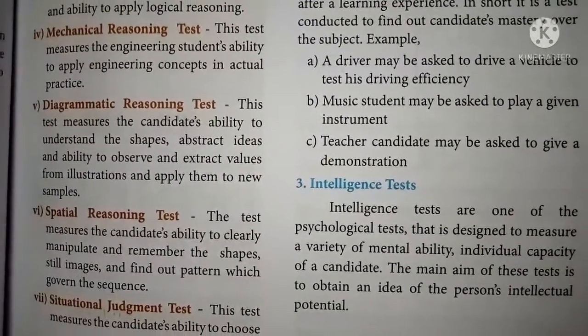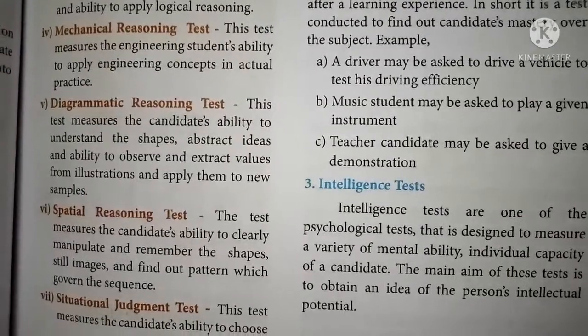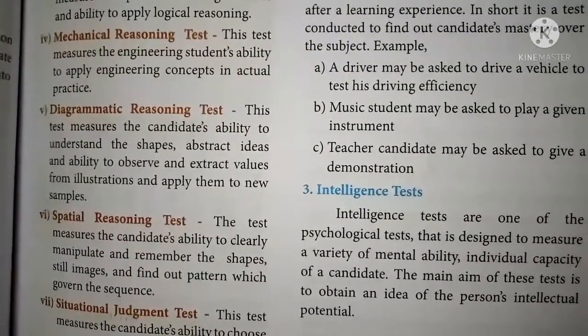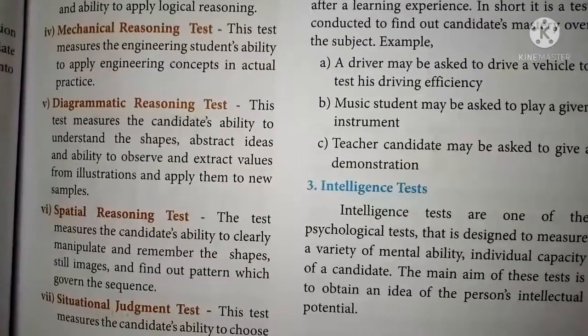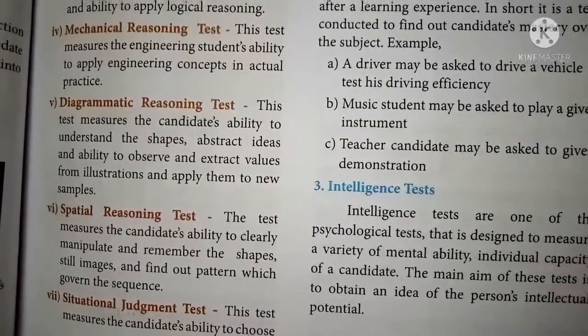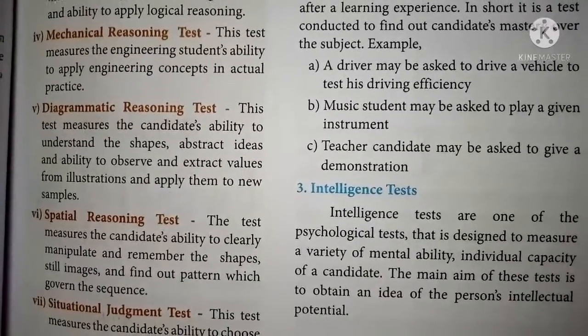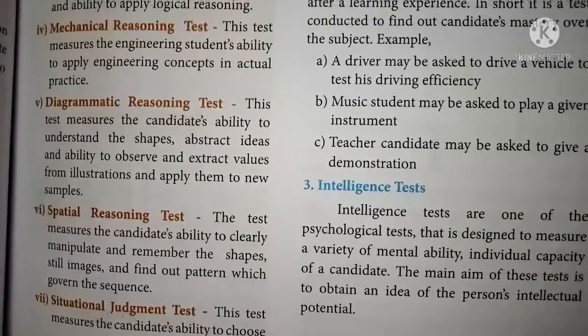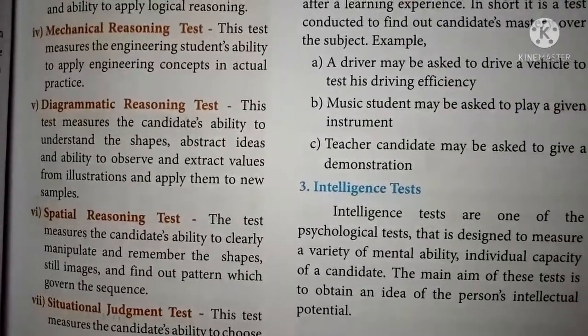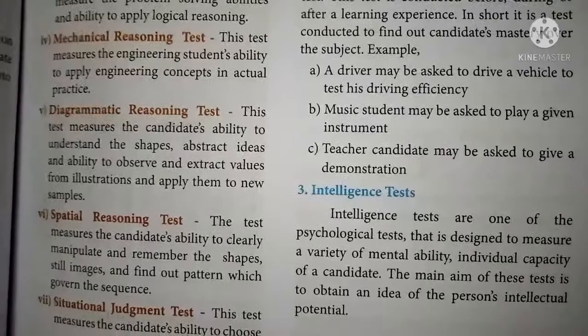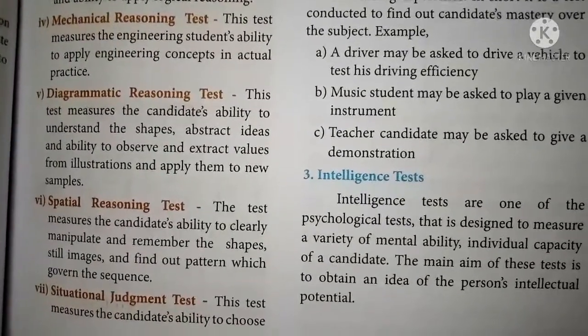So how the candidate will have a potential capacity in their field. So the psychological test will be conducted to test the intelligence of the candidate, that is, to measure a variety of mental abilities and also the capacity of the candidate. It can be identified through intelligence test.